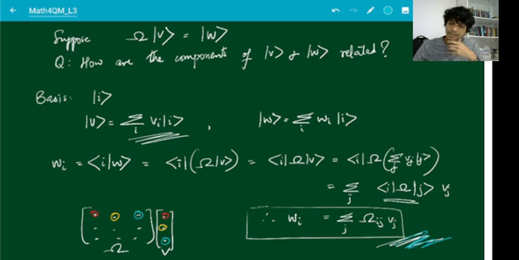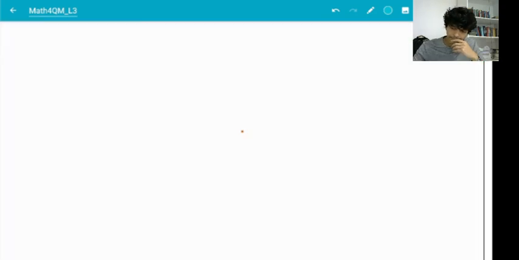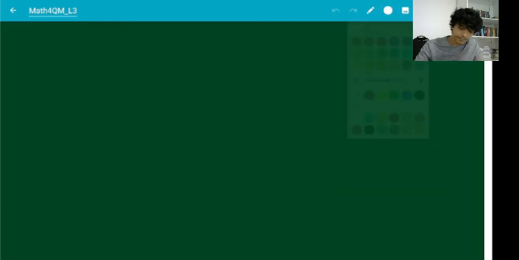Okay. Same thing actually we can do also to see how we do matrix multiplication of two matrices. So for example, let A, B and C be operators such that C is AB. So this is matrix multiplication.